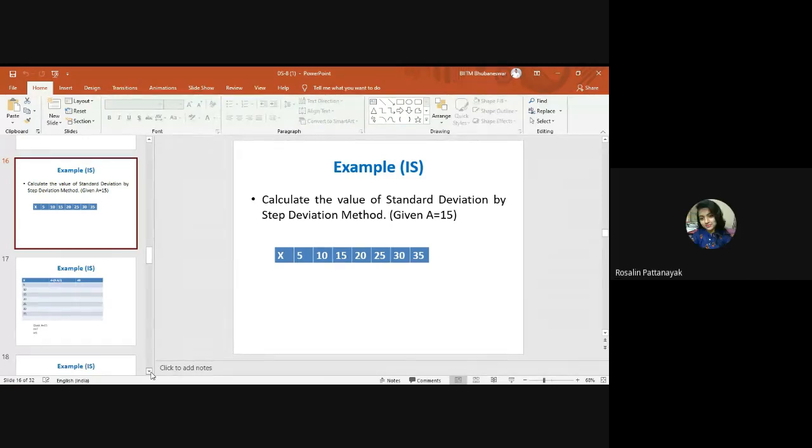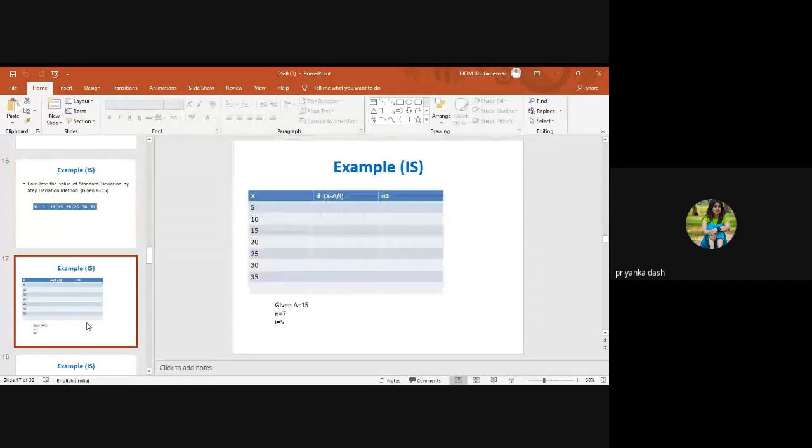And what is the value of n? 7. Value of n is 7. Before starting, you have to make this type of table: first column to write down the variable. Then after, you proceed to calculate deviation or d value.